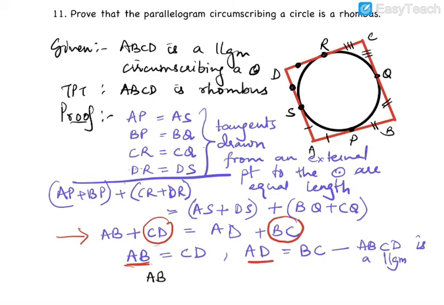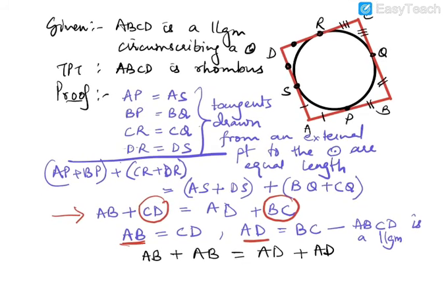So we get AB plus AB equal to AD plus AD. So 2 times AB is equal to 2 times AD. 2 and 2 gets cancelled. So we get AB equal to AD.